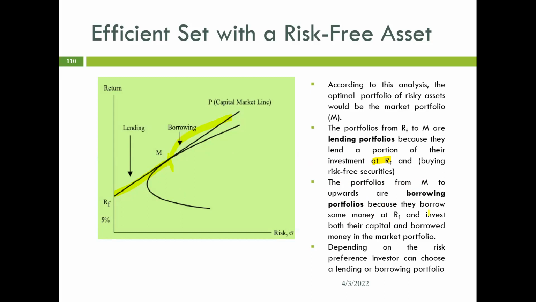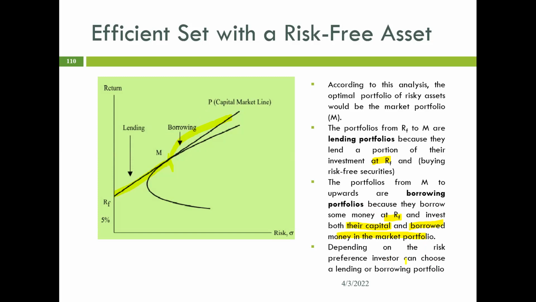Why? Because they borrow some money at RF. Then මෙතනදී මේ highly risk taking investors ලා, they borrow some money at RF, right? They borrow some money at RF and invest both their capital and borrowed money in the market portfolio. So they are highly risk takers. They expect high return as well as high risk. So that is what we call the borrowing portfolio.